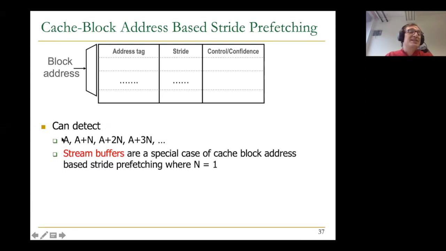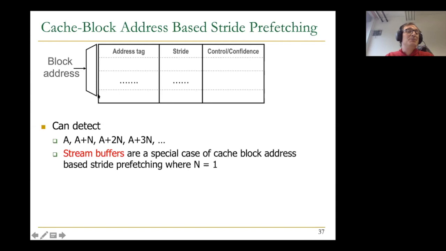That approach basically just looks at the memory block addresses issued by the last level cache, let's say, and essentially detects strides. For example, you can have A plus N, A plus 2N, A plus 3N, and that could be detected by whatever address tag you have and the stride you have over here.